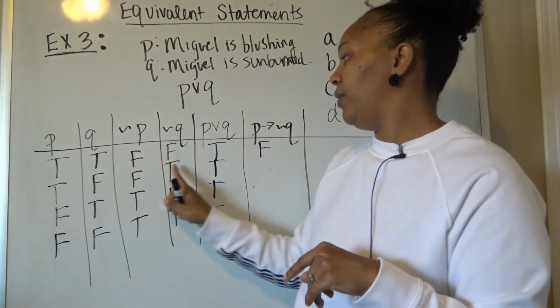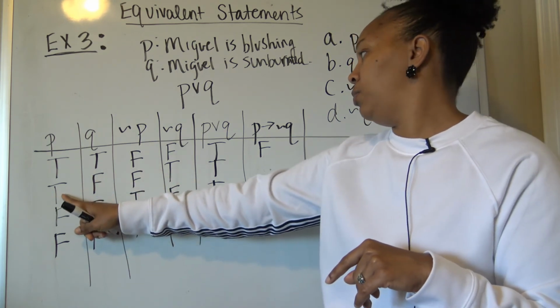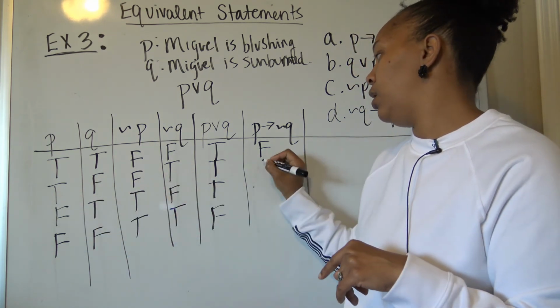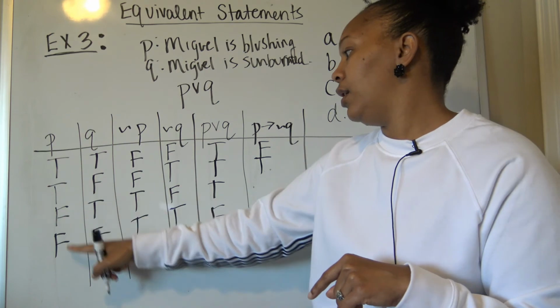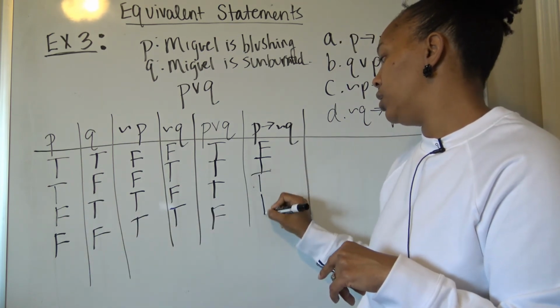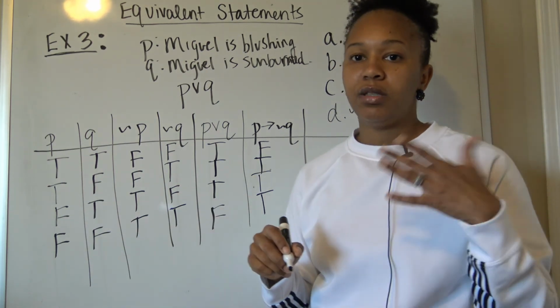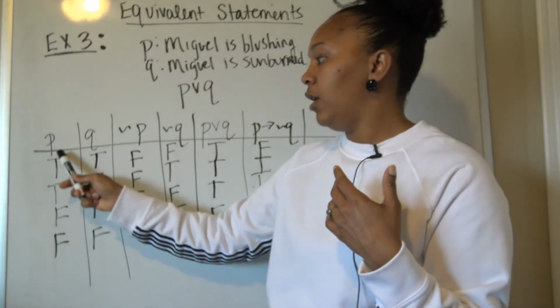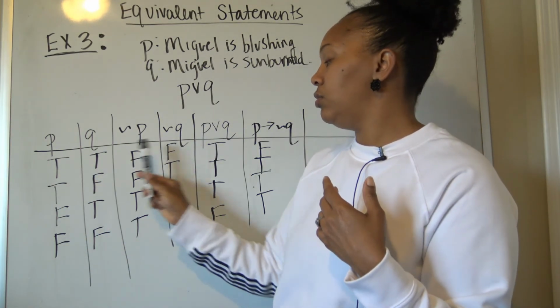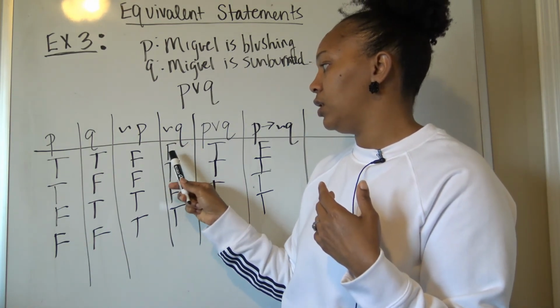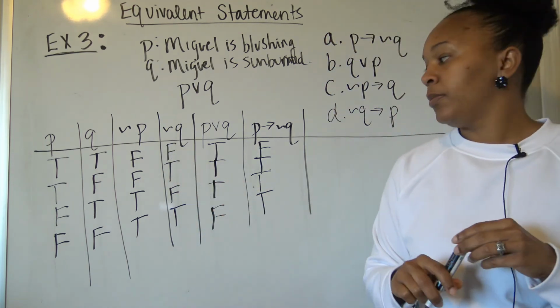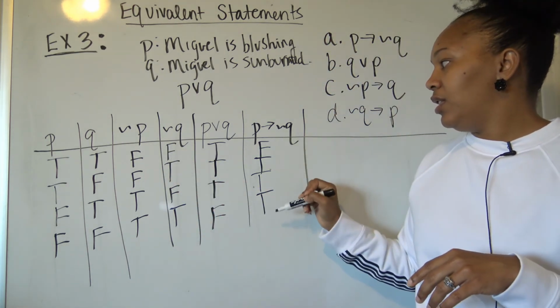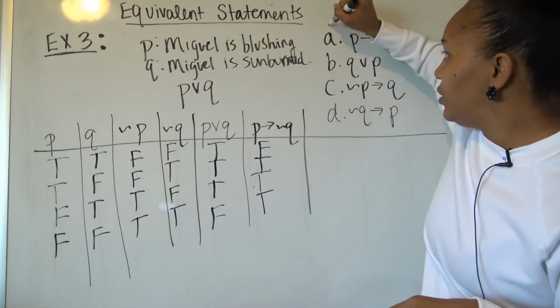So it would not be false in the second case because it's P and not Q. So it will be true there, and it will be true in all the other ones as well, because remember, in order for it to be false, the first statement has to be true, and the first statement is true only in these two, and then it's only false in the second statement here. So you can already look at this and tell that's going to be your answer A.